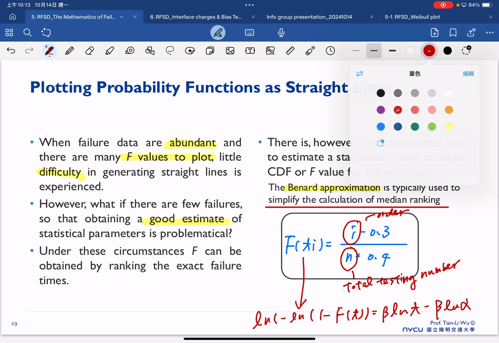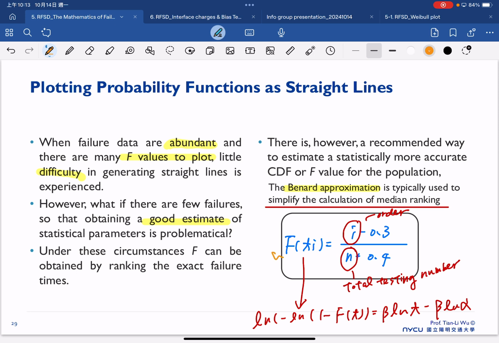So this capital F is the one referred to here. This one.